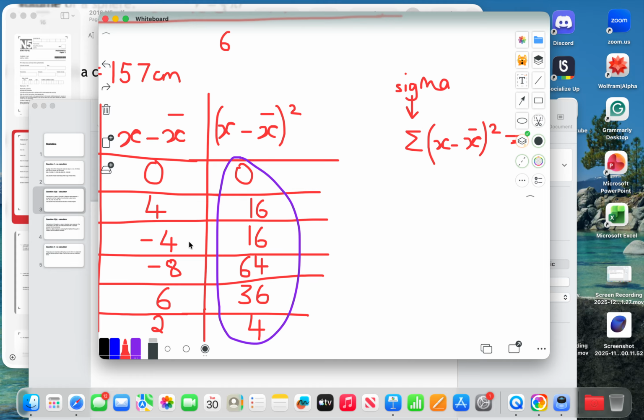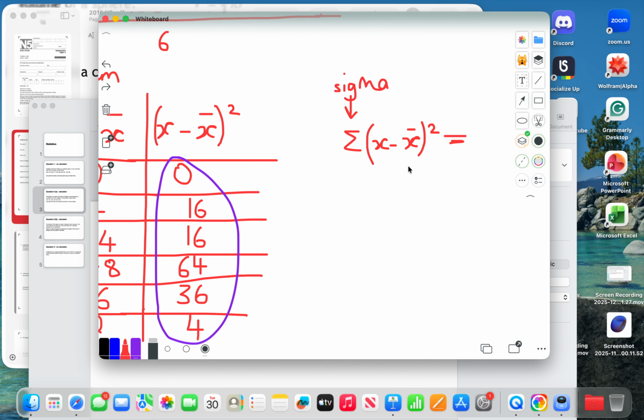I recommend doing this on a calculator because in an exam it's easy to make simple arithmetic mistakes because it's very tight for time, high pressure and high stakes. Doing that will give you a total of 136.